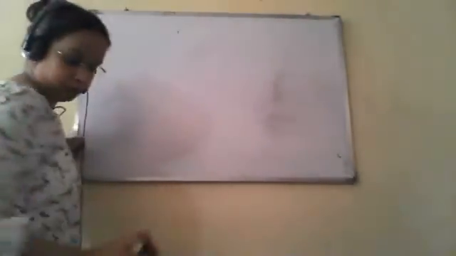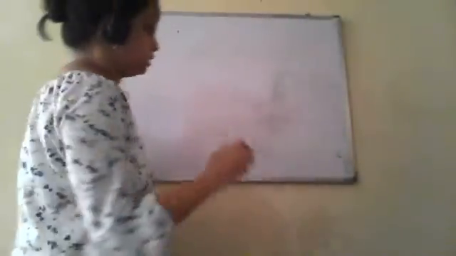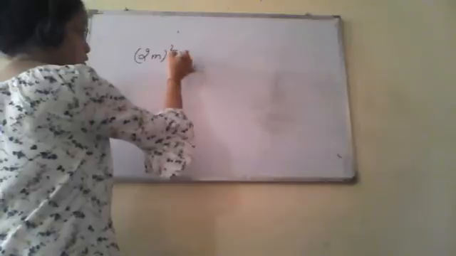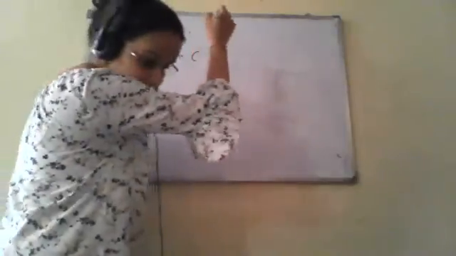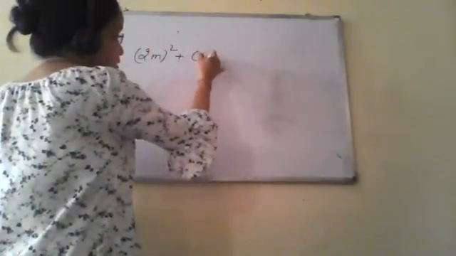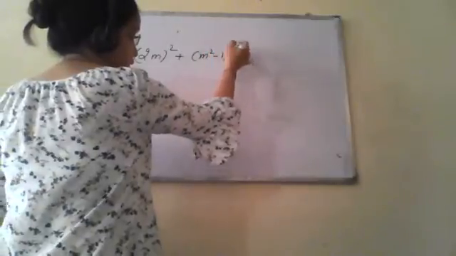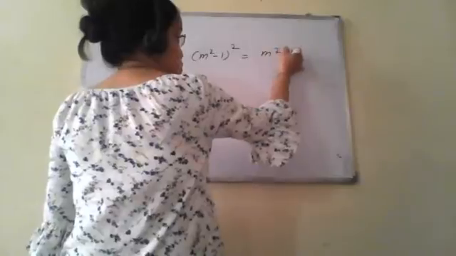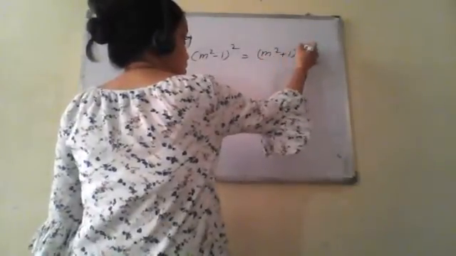Now how to find Pythagorean triplets? There is a generalized form: 2m whole square plus m square minus 1 whole square equals m square plus 1 whole square.